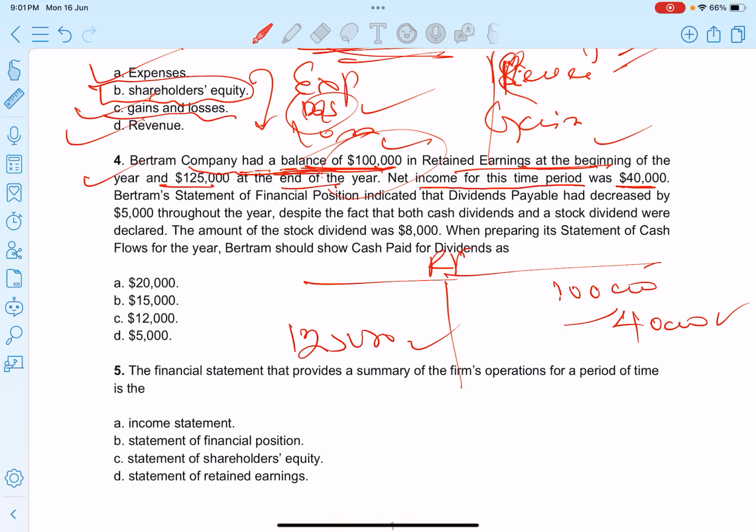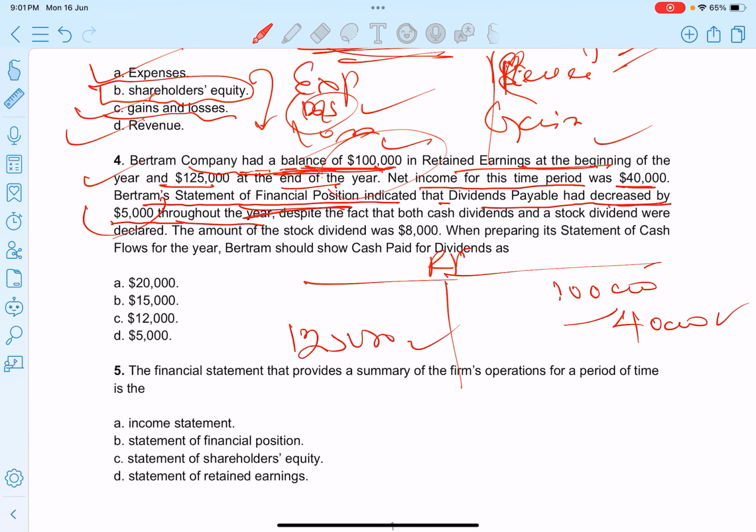The statement of financial position, it means the balance sheet, shows that the dividend payable has decreased by 5,000. It means the payable has decreased by 5,000 throughout the year.